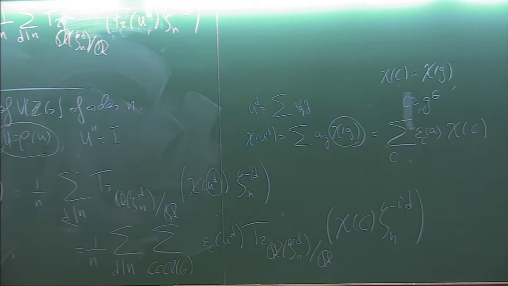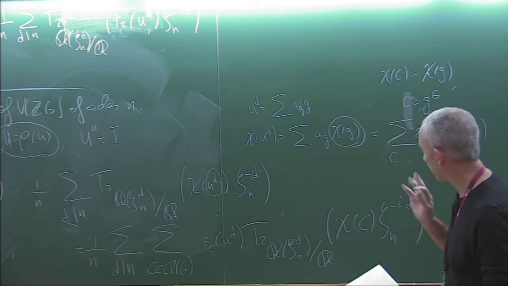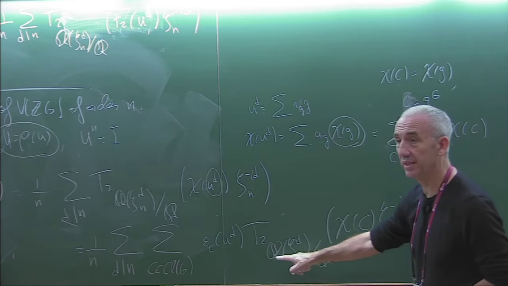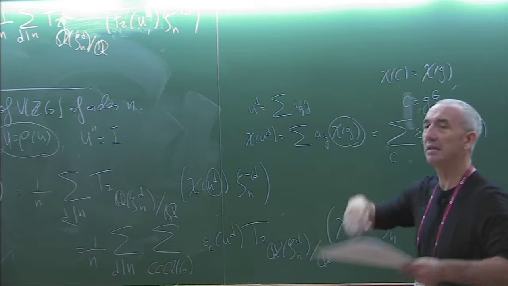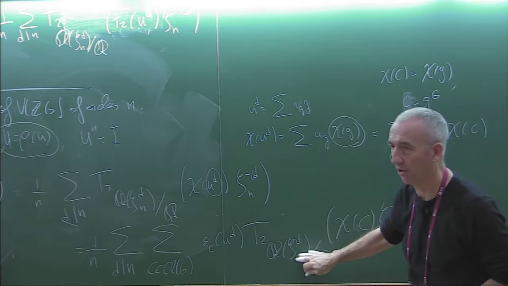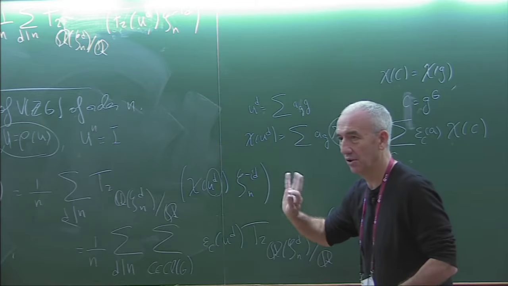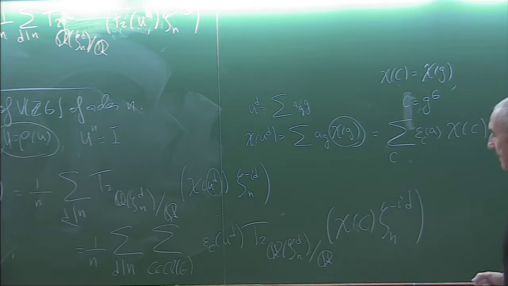I am cheating a little bit because it's not clear that this element belongs to this field, but with some theory you can prove that it belongs. Or the coefficient of this guy is 0. So it works. Anyway.